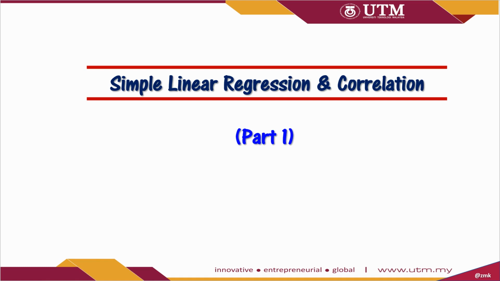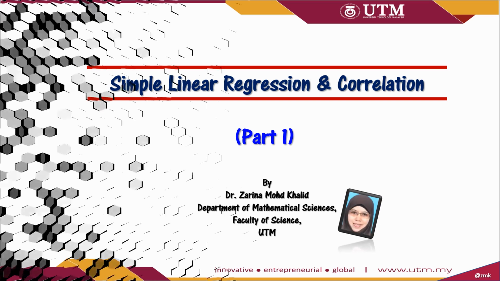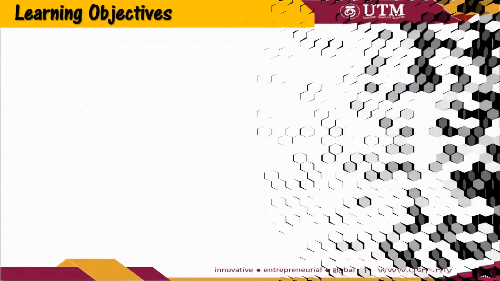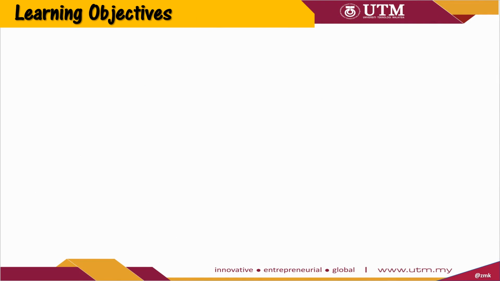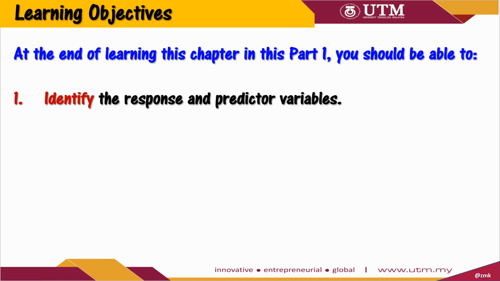Let's look at these part 1 learning objectives that you should achieve at the end of this video. At the end of learning this chapter in this part 1, you should be able to achieve the following learning objectives. The first, you should be able to identify the response and predictor variables.